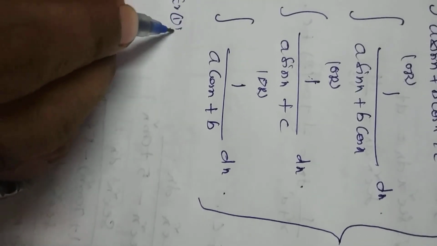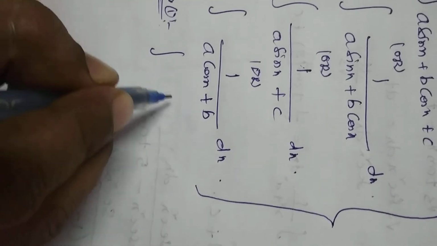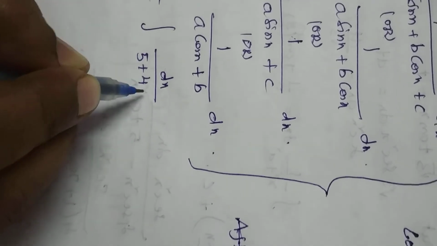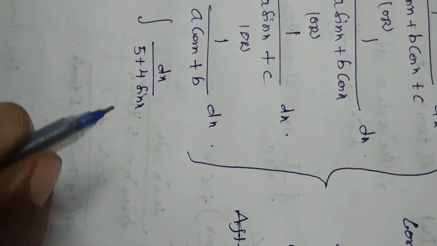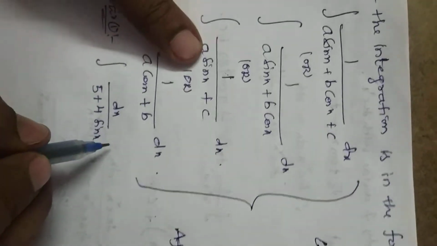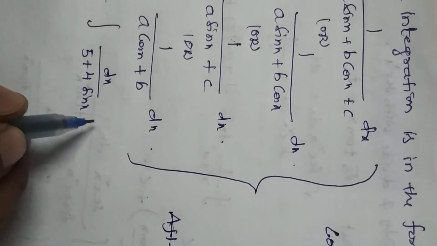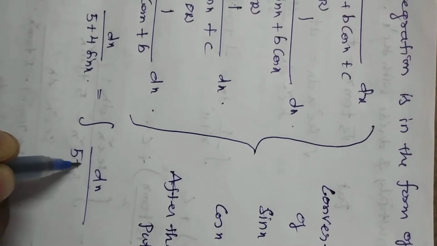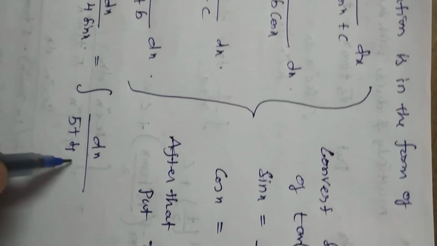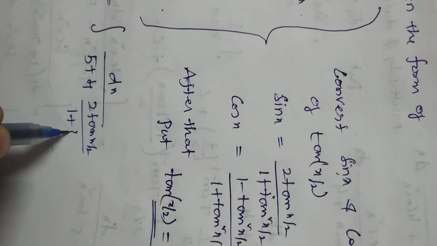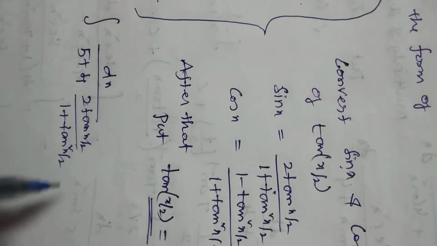First problem, example number 1. Suppose if we have integration of dx by 5 plus 4 sin x. So it is in the form of this third type. So what we are going to do, that is equal to integration of dx by 5 plus 4 into sin x, formula is what? 2 tan x by 2 by 1 plus tan square x by 2.